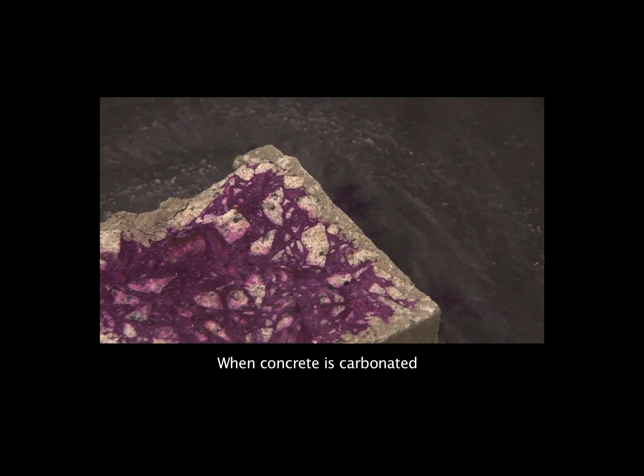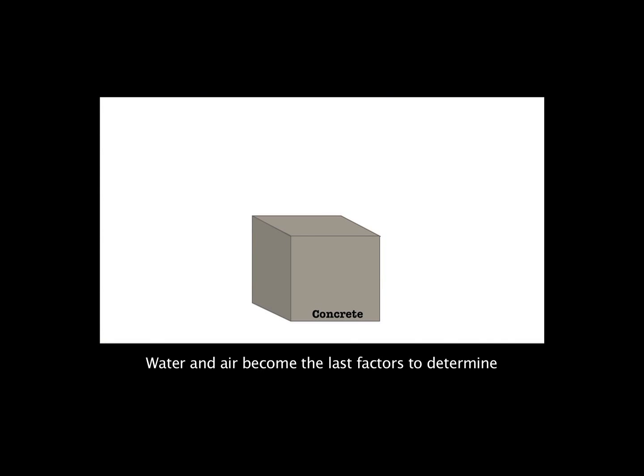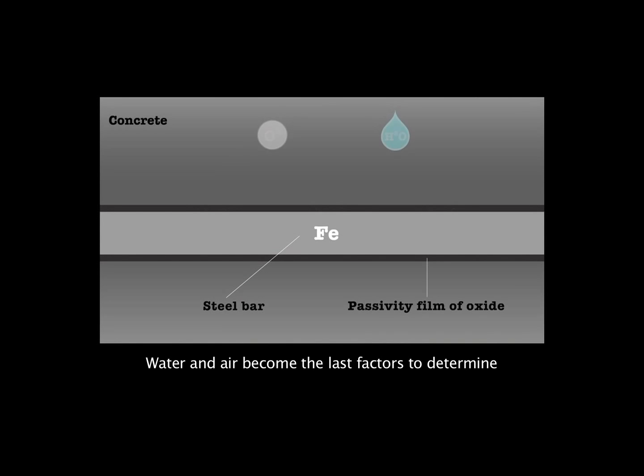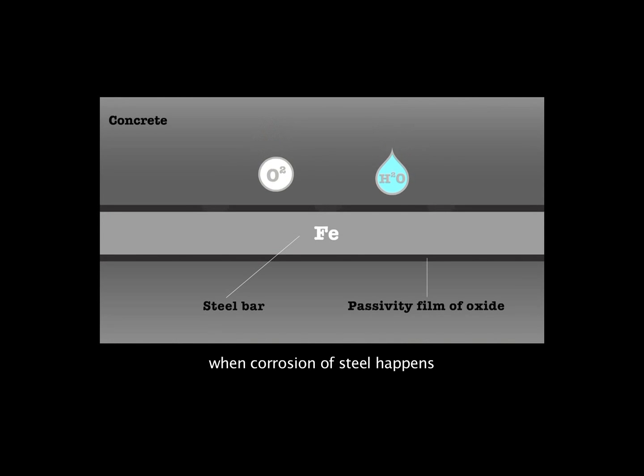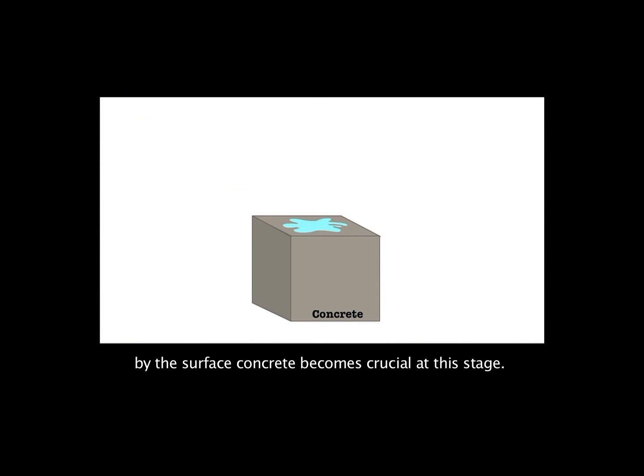When concrete is carbonated, or chloride has depassivated the oxide film of the steel, water and air become the last factors to determine when corrosion of steel happens and how serious it is. Therefore, the absorption of water by the surface concrete becomes crucial at this stage.